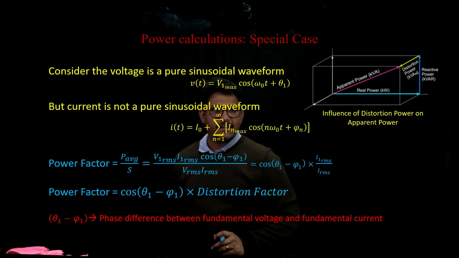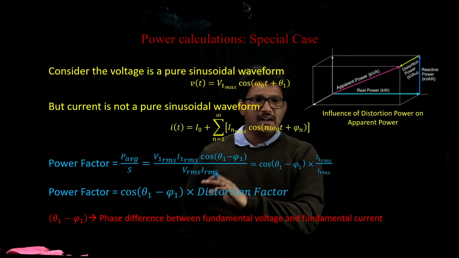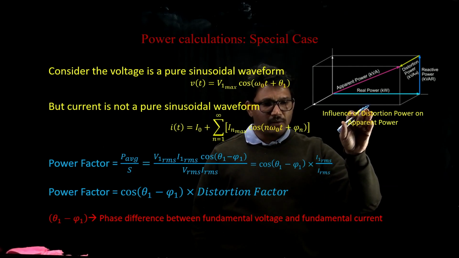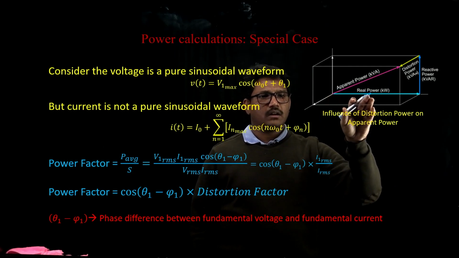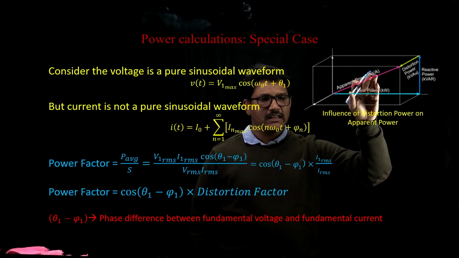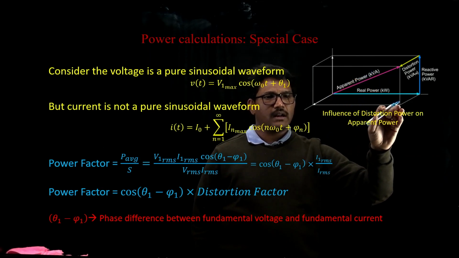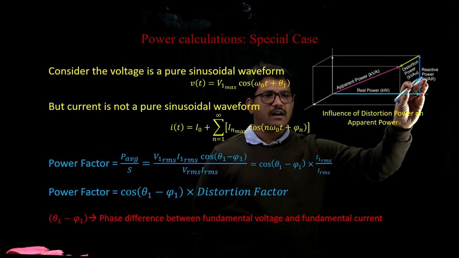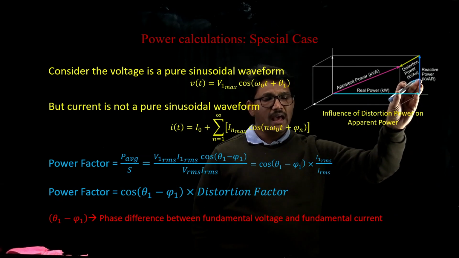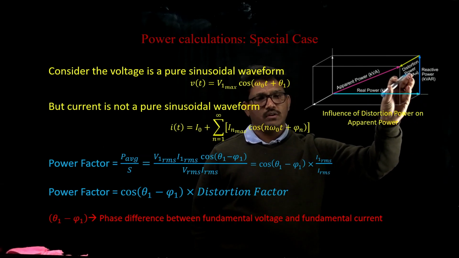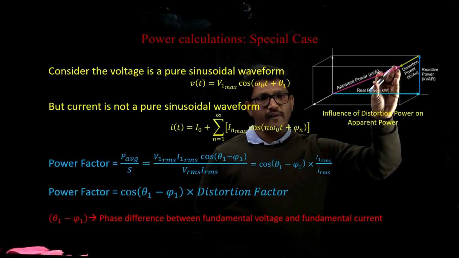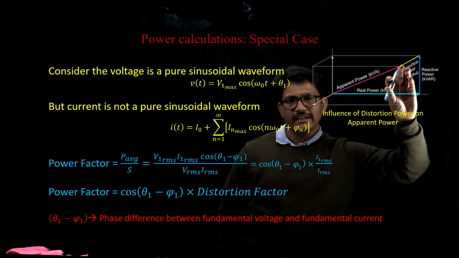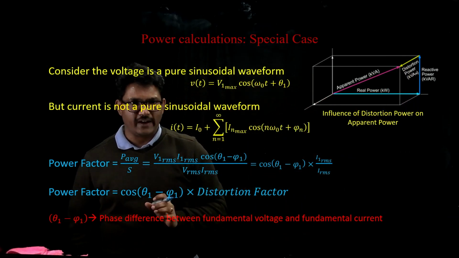In a way, we say that if you wanted real power and reactive power in general, then the apparent power S is supposed to be the sum of real power and reactive power, the kilowatt and kVAR. But apart from these two, we have deviated by a factor, and the factor by which you have deviated and are drawing an excess current is basically this distortion factor.